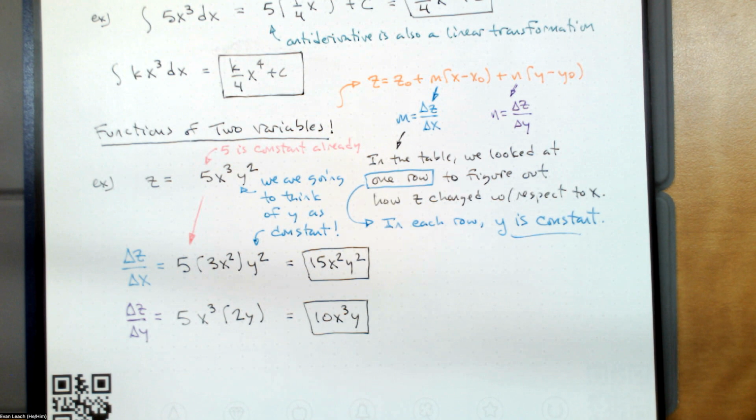In each row, y was a constant. Because y and x are both independent variables. Z is a function of x and y as independent variables. Implicit differentiation is for when x and y are related. When we're including x and y and we're thinking about a curve, x and y.